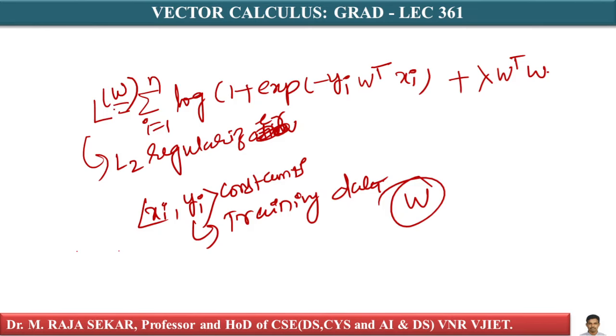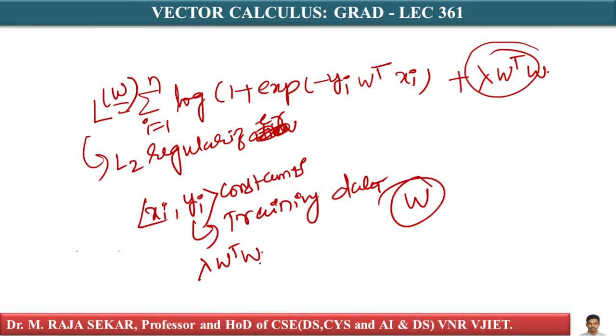That's why I'm writing this notation. Let's see how we can compute. Let's take this term first, lambda into w transpose w.